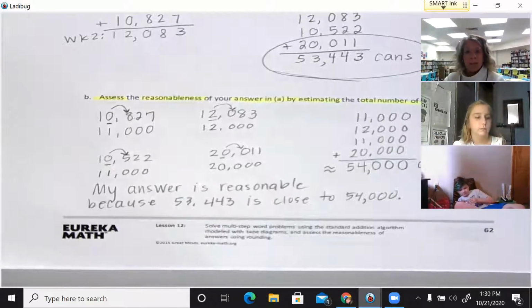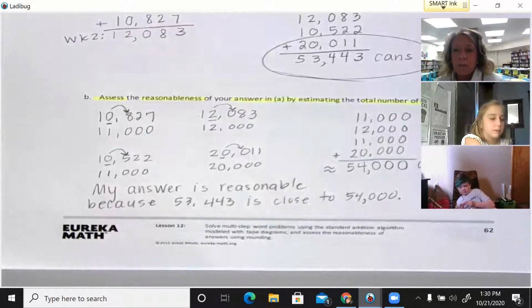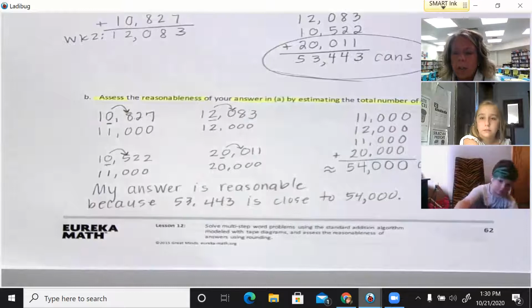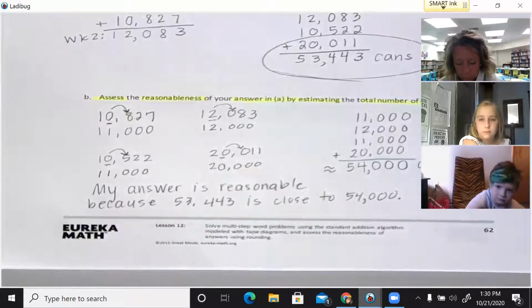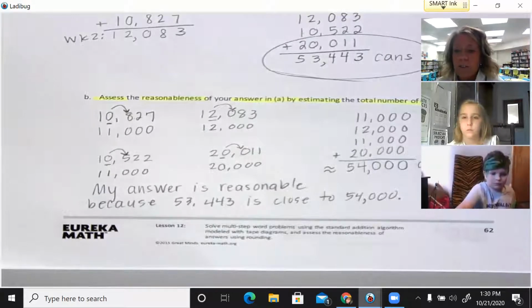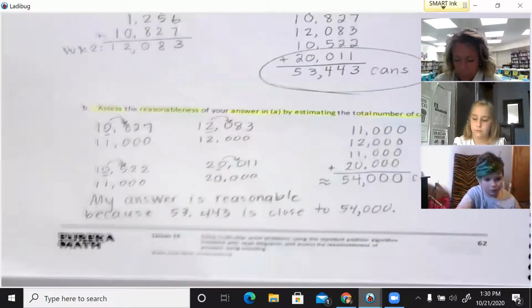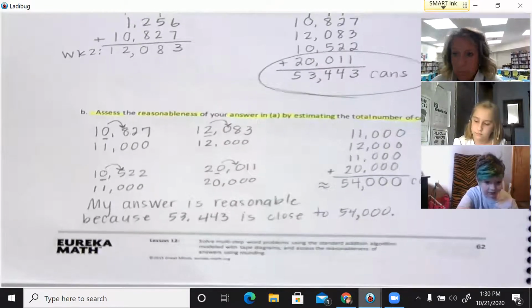So how is today's lesson a little bit different, a little bit more challenging than yesterday's? What did we build on today? Yesterday, we just practiced. Go ahead, Kate. We built more on estimating.